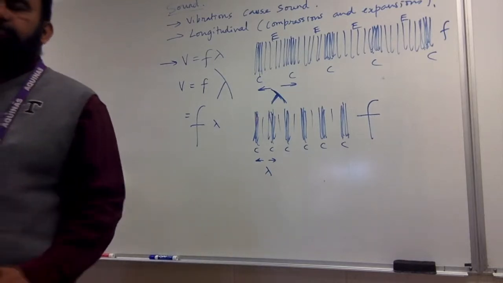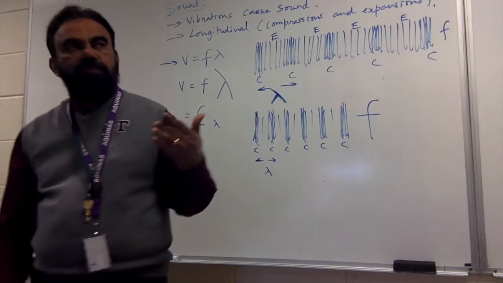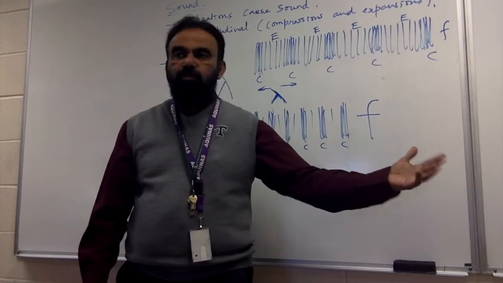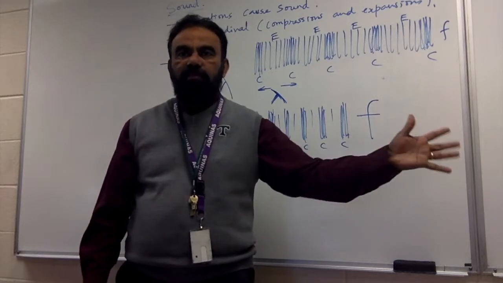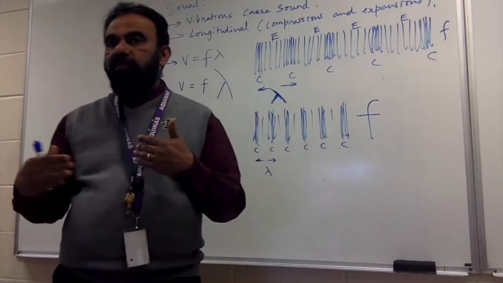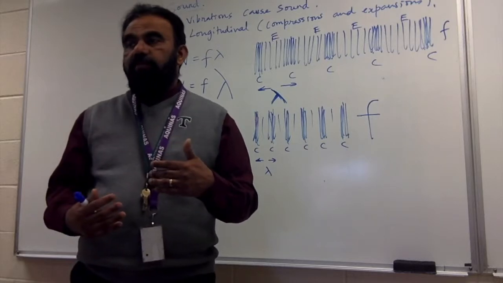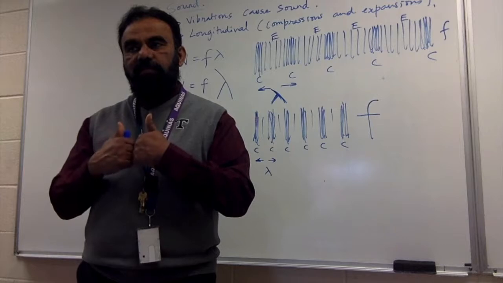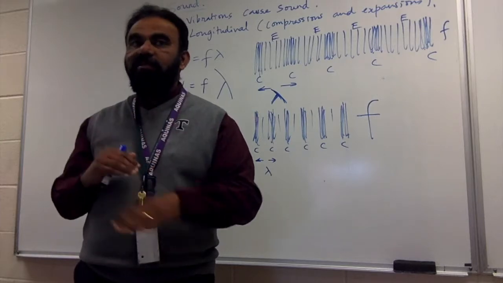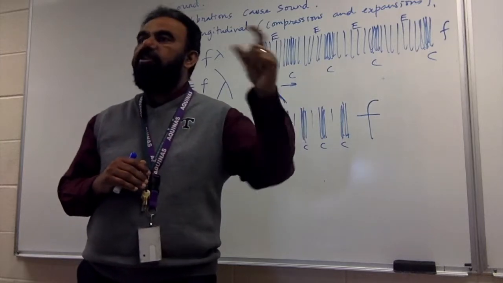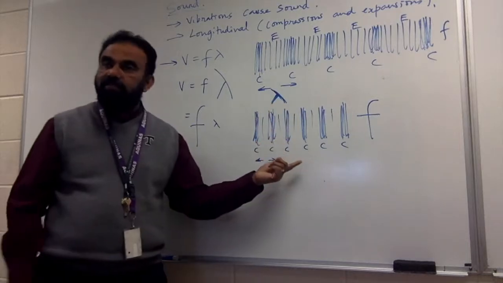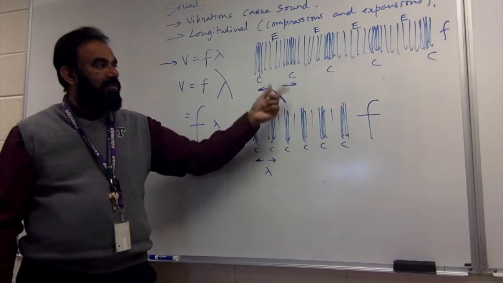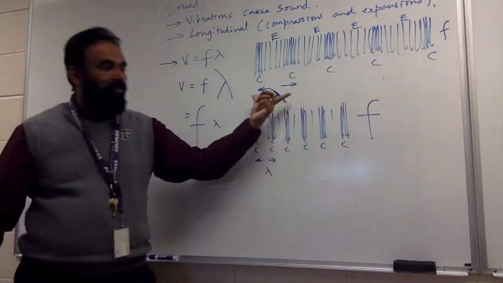Just to give you an example, imagine there is a lady squeaking at a high frequency here, and I'm talking to you with a frequency here. Who has got a bigger wavelength? Me. I've got a lower frequency. The lady has a higher frequency but a shorter wave. So this is like the lady's voice, and this is like my voice. My voice has a lower frequency but a larger wavelength.